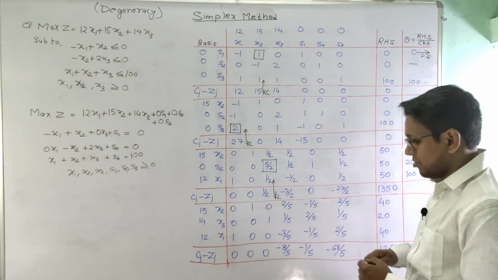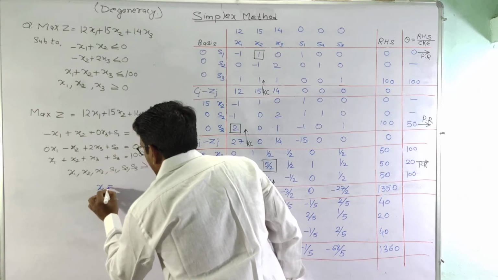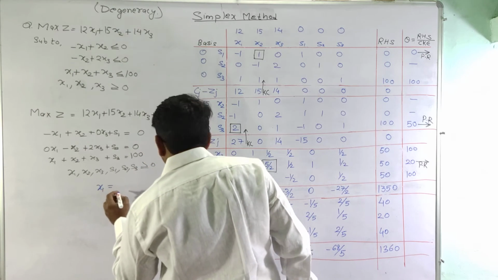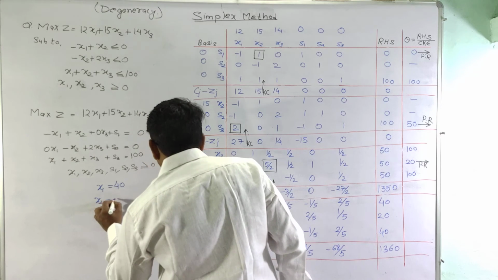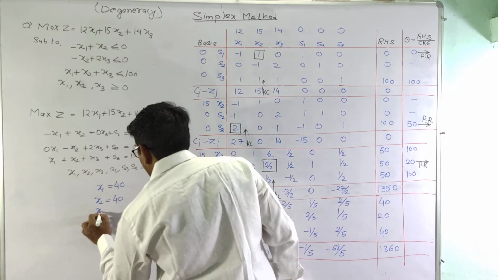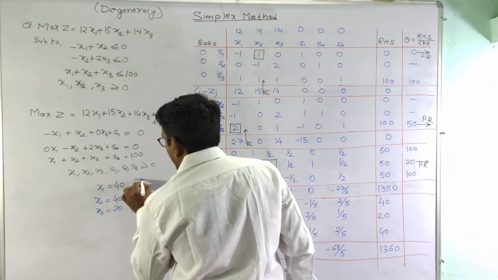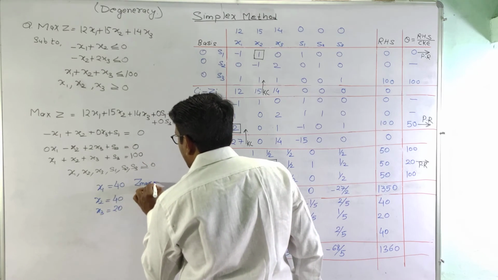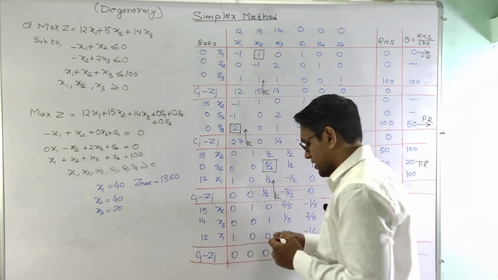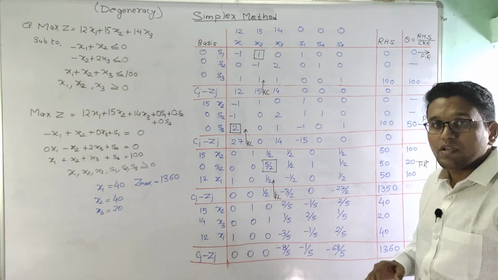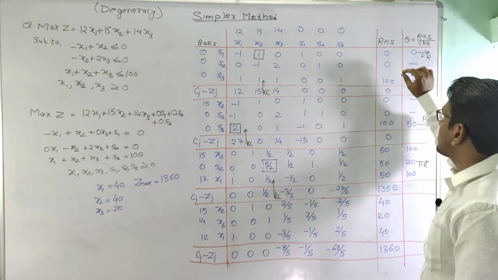So this is our final solution. x1 is equal to 40, x2 is equal to 40 and x3 is equal to 20. Z max is given as 1360.